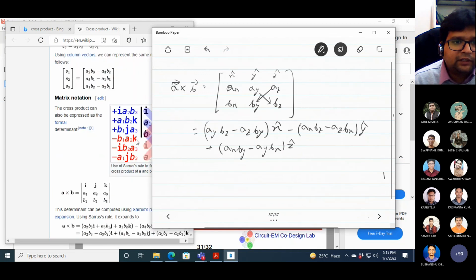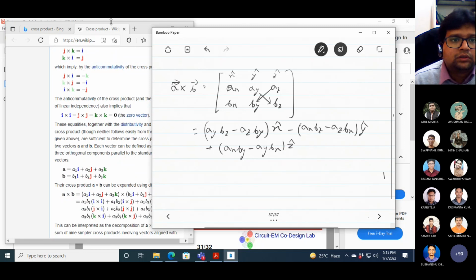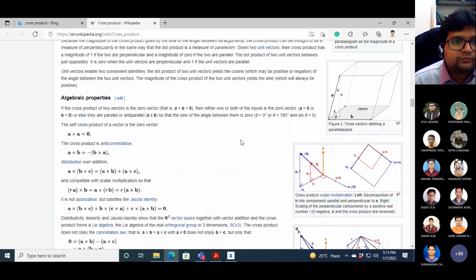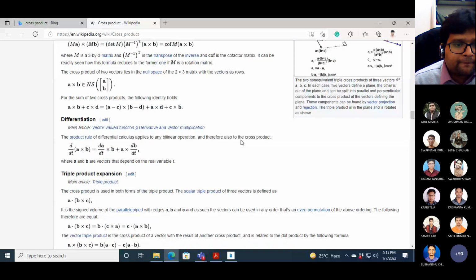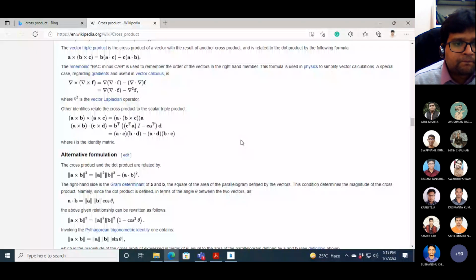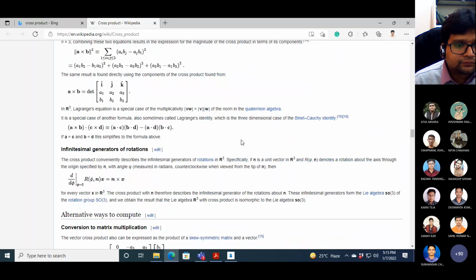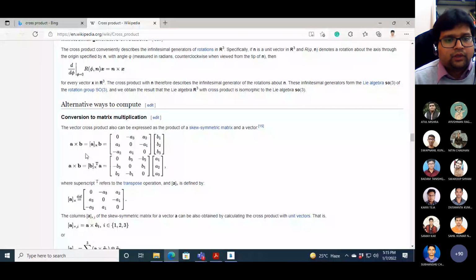The other way is by matrix multiplication. Yeah, this way. If you want to do A cross B, you have to write down the A cross matrix. How is the A cross formed?